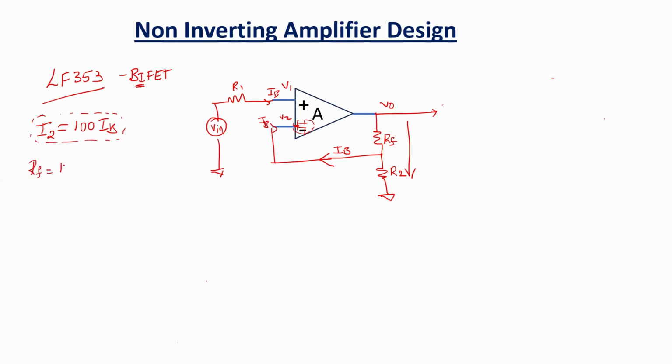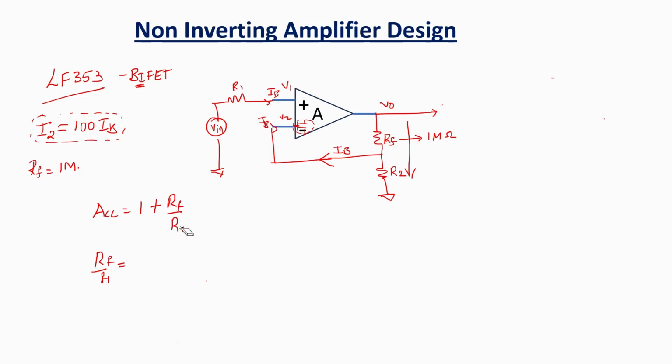So RF is equal to 1 meg ohms. The closed loop gain ACL is equal to 1 plus RF divided by R2.